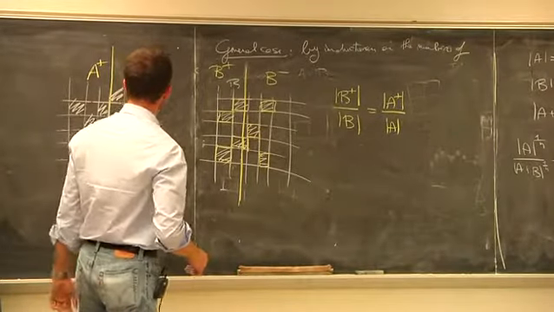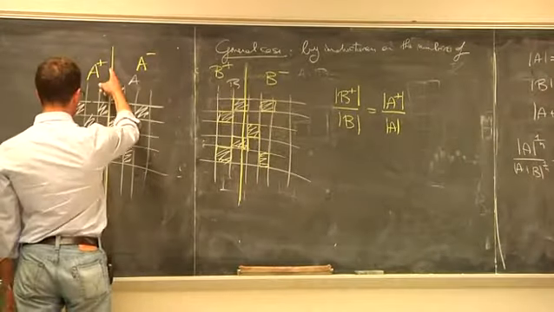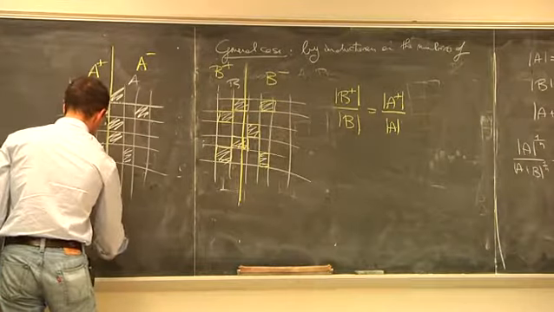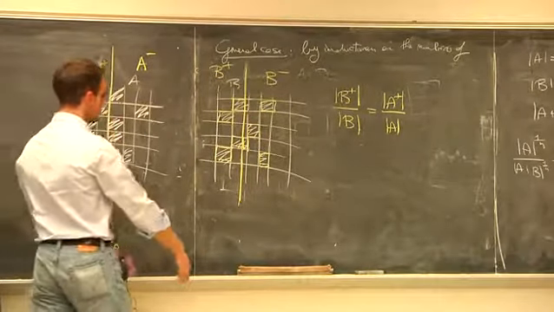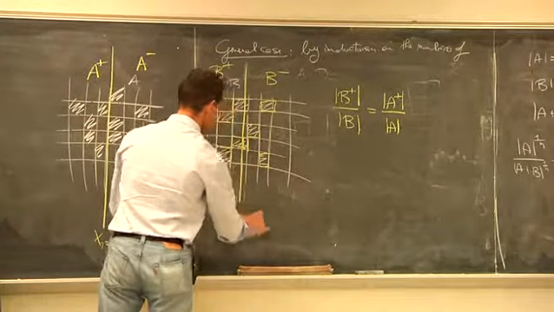Without loss of generality, you can assume this is the hyperplane x1 equals 0, and the same for B, up to translating the coordinates.